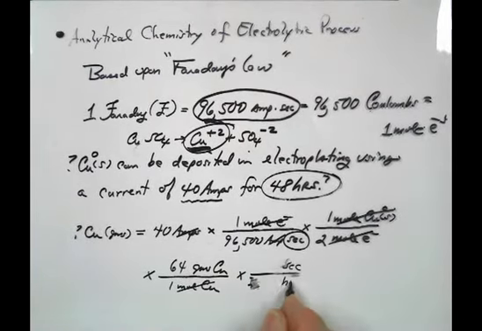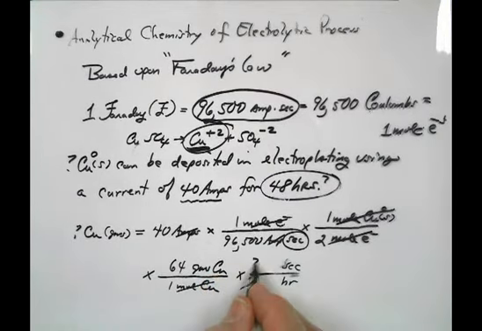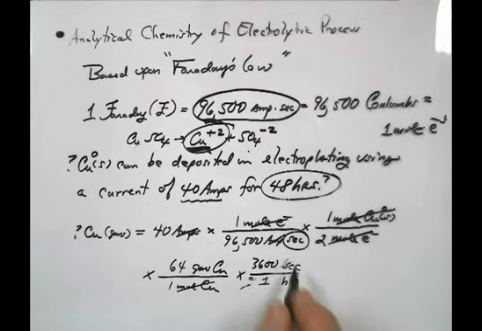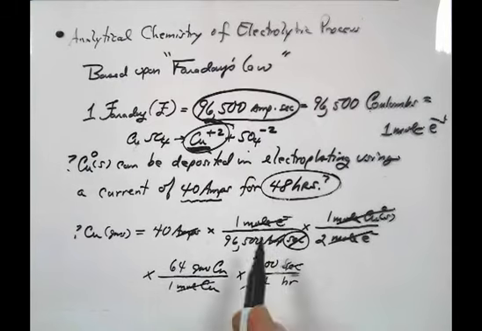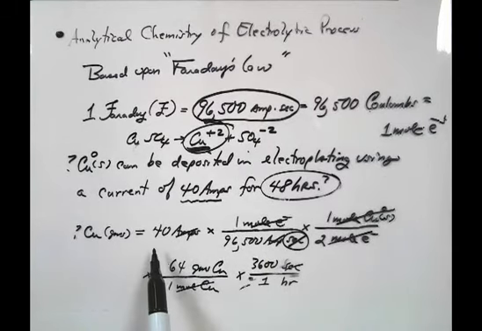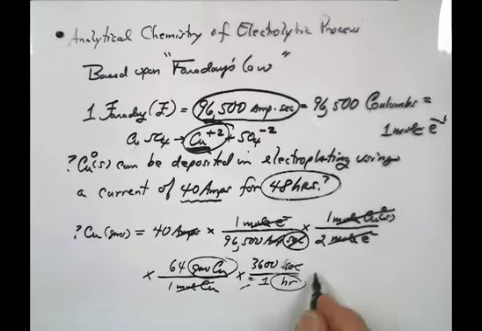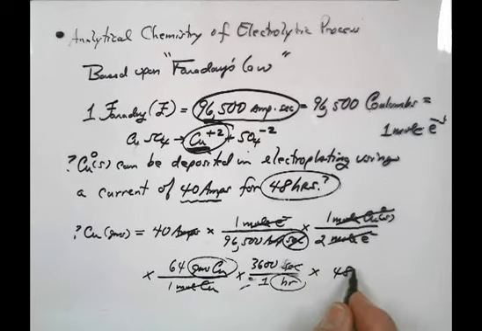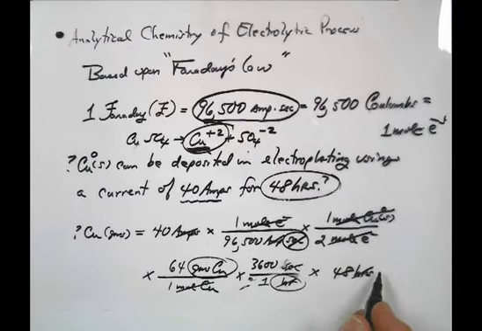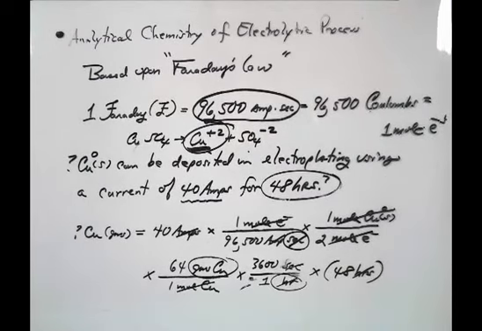Seconds, hours, 3,600 seconds per 1 hour. So my seconds will drop out. So now I have grams of copper per hour. Now, how many hours do I have to take into account? 48 hours. So I cancel my hours out, and so now I have the entire conversion set up as to how much in grams I will need.